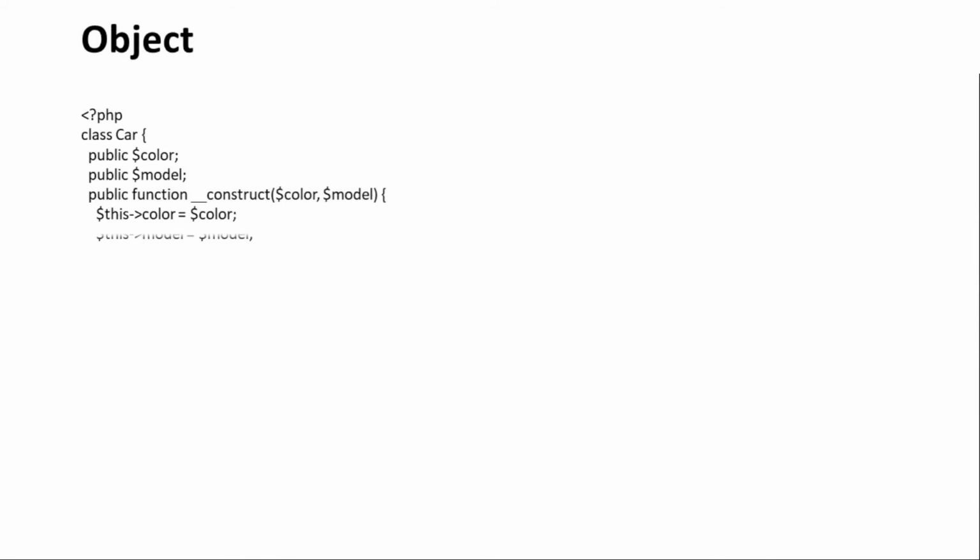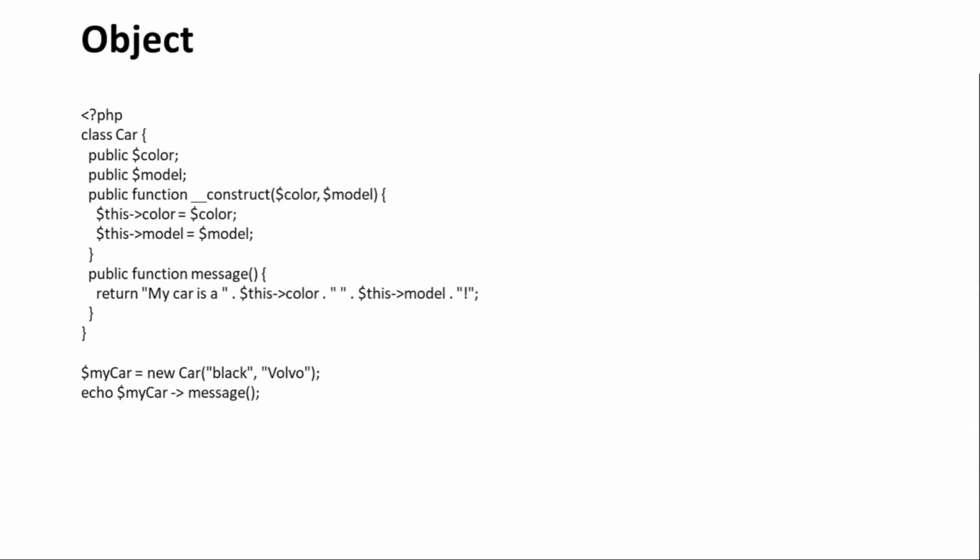let's go to the next, object. In the object data type we are going to see the object. This is a long code that we are going to write inside Sublime Text 3, and then we will go with some conclusion. With a class, as you see, I use a class Car.